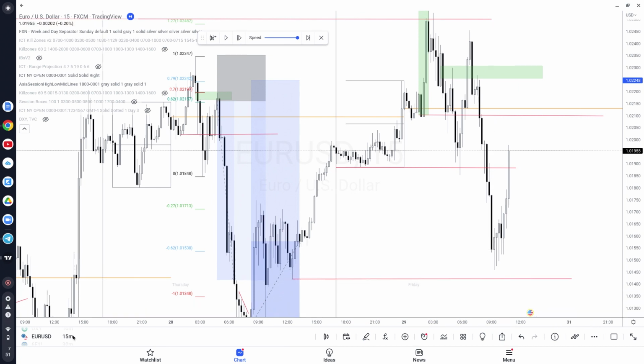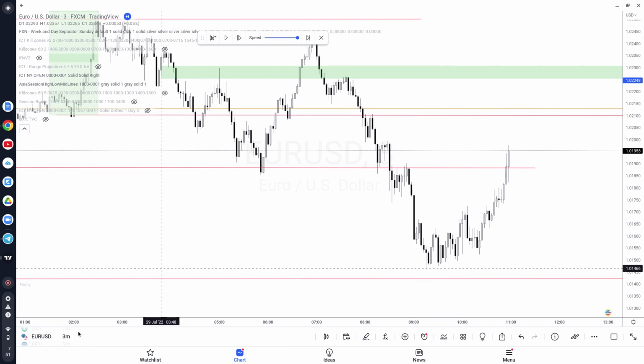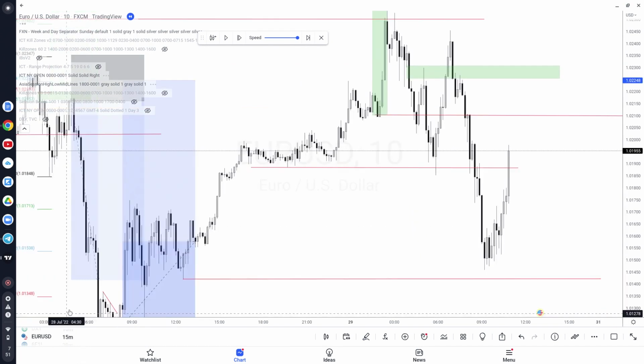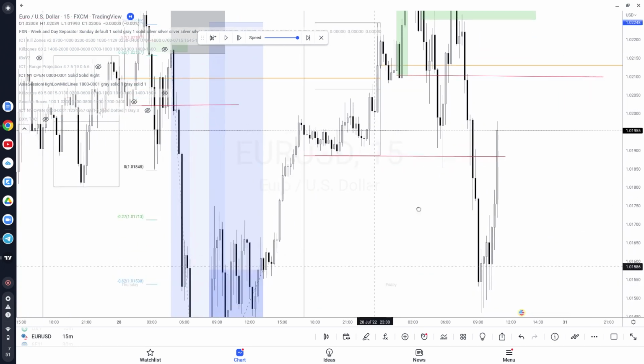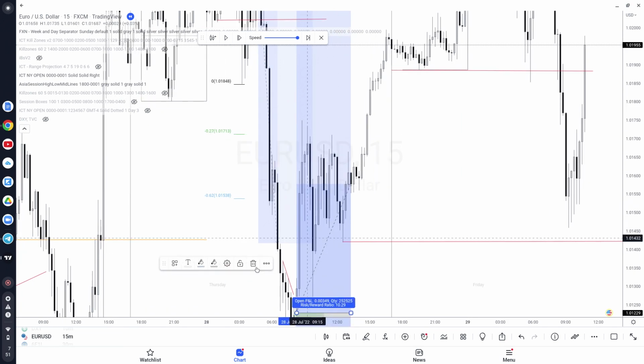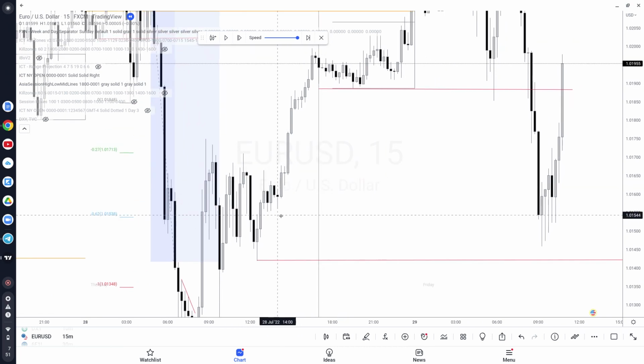Once we get that, we start looking for a reason to buy, right? We're already behind a bullish premise, and so we start looking for reasons to buy. Here's a slight fair value gap in here.